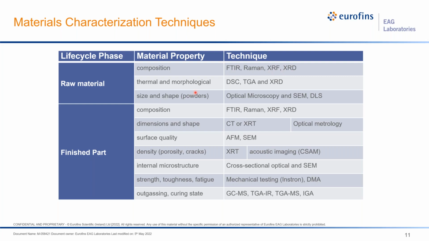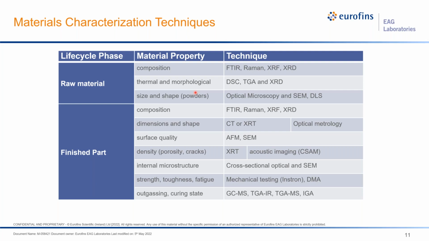In addition, for polymers, thermal and morphological properties are really important, like I talked about with the crystallinity. That's something that you can measure with differential scanning calorimetry. Or you can also see if your material is becoming less thermally stable with TGA, thermogravimetric analysis.